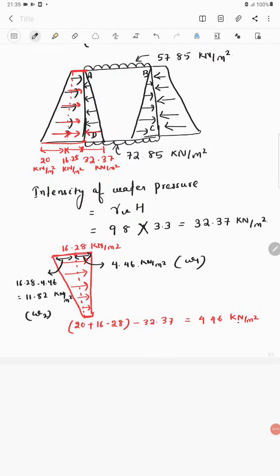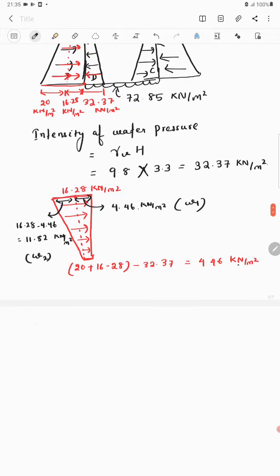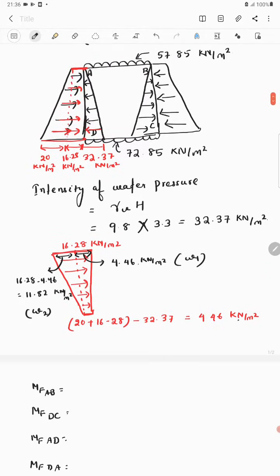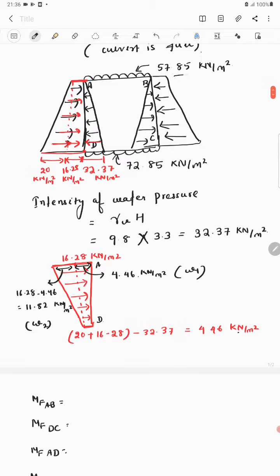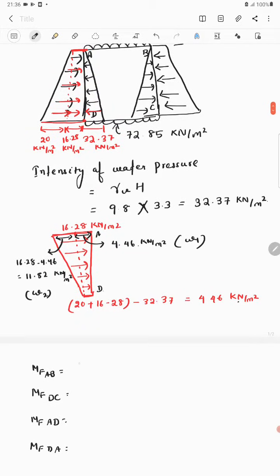Okay, now we have to find out the fixed moments MFAB, MFDC, MFAD and MFDA. So what will be MFAB? MFAB will be due to the UDL, that is 57.85, that we have already calculated, minus WL square by 12.